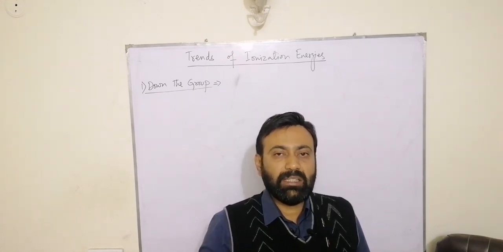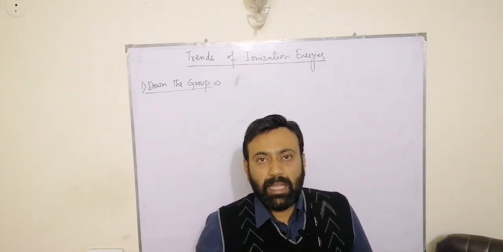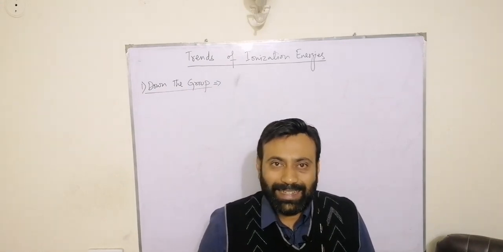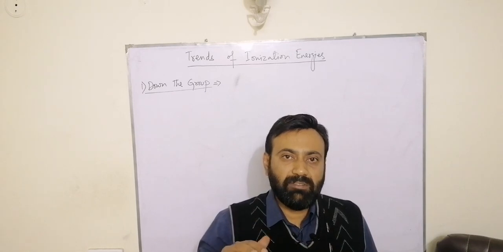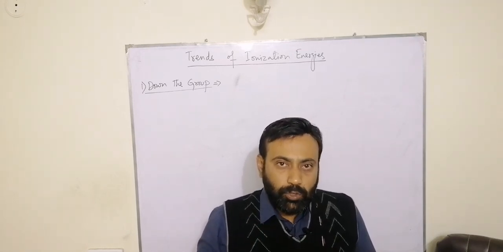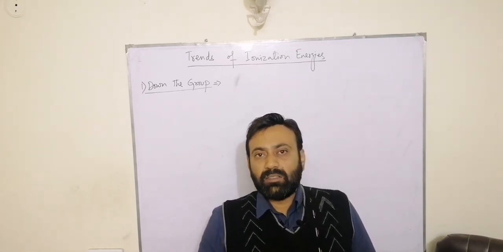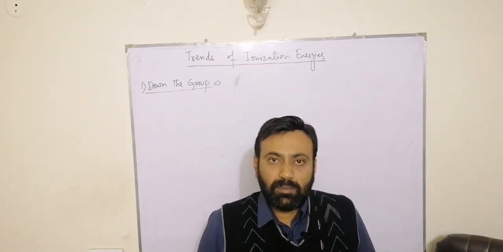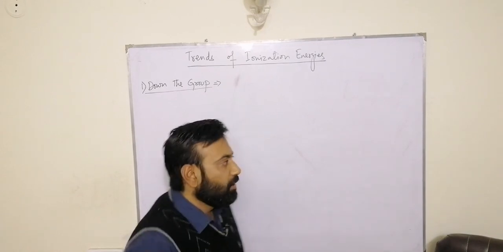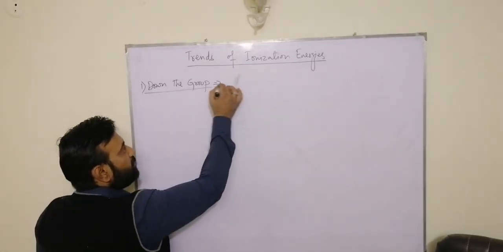That means the radius is significantly increasing, and when the radius is significantly increasing, that means the effective nuclear charge is significantly decreasing. So due to the decrease in effective nuclear charge, the amount of energy required to remove an electron will be smaller. So the ionization energies decrease down the group.